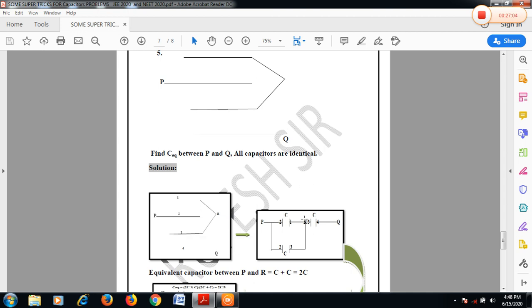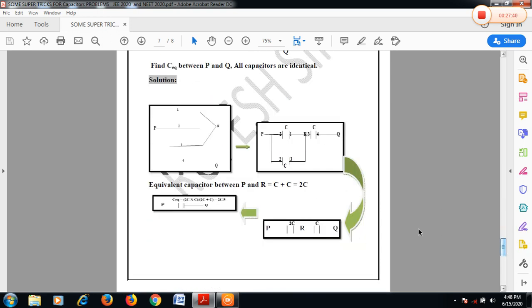Now the last capacitor which has been connected across R and Q has plates 3 and 4, because here this is a plate. It is blurred over here in the figure, but there is a plate, this plate I am talking about. So this plate and this plate, which I have numbered 4 and 3, are connected across R and Q, and we have connected it accordingly.